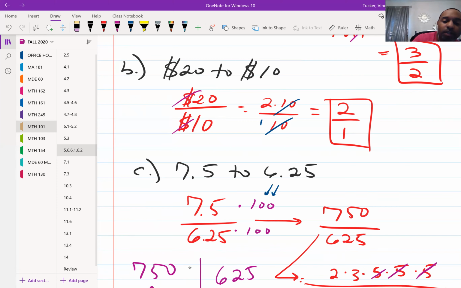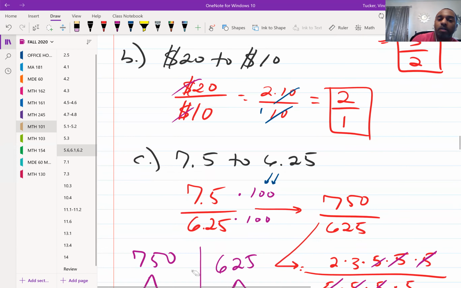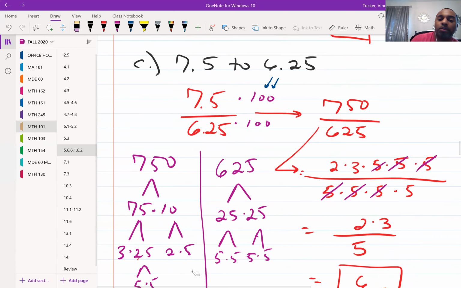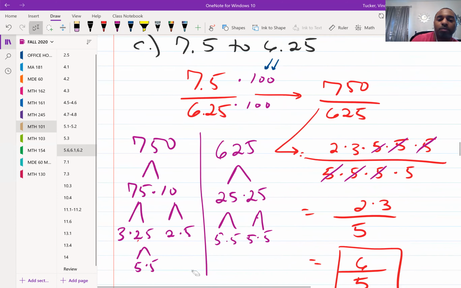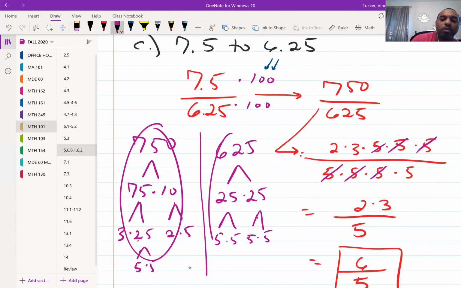So if it takes 100 here to get it to a whole number, then you have to do the 100 on both to cancel that out. So if you look at multiplying 7.5 by 100, that turns it into 750. Then 6.25 by 100 turns it into 625. So then I go ahead and break down both numbers here and then here.